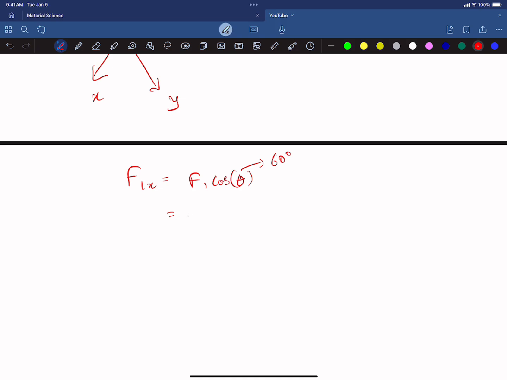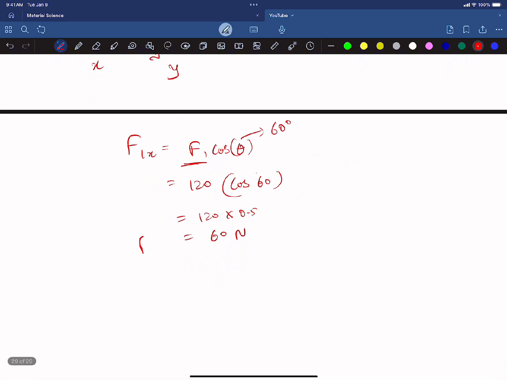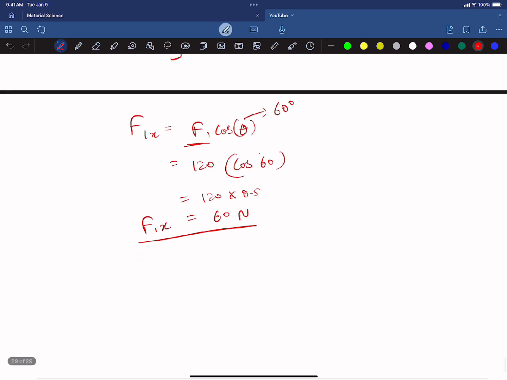Now F1 is given as 120, and theta is 60. So 120 times cos 60 will give you 120 times 0.5, which is 60 Newton. So the F1 x component is 60 Newton. Now the F1 y component, which is F1 sin theta.